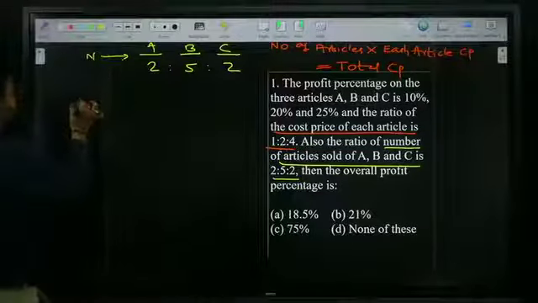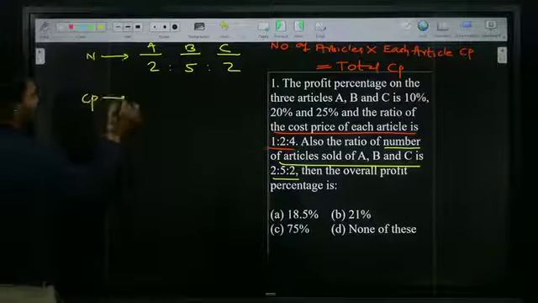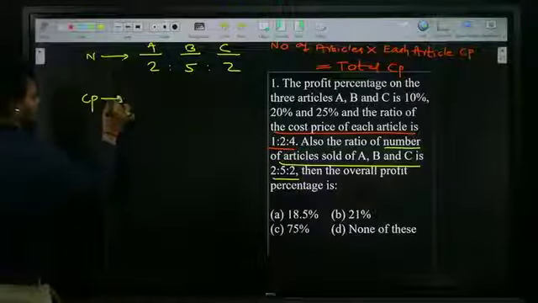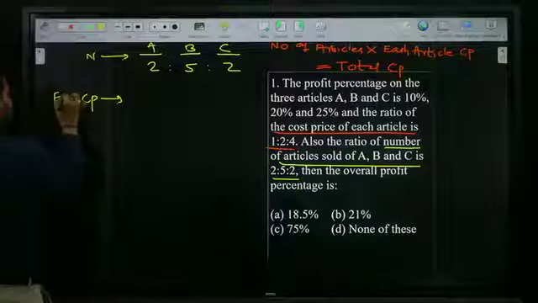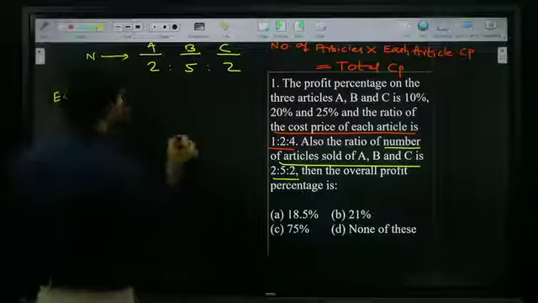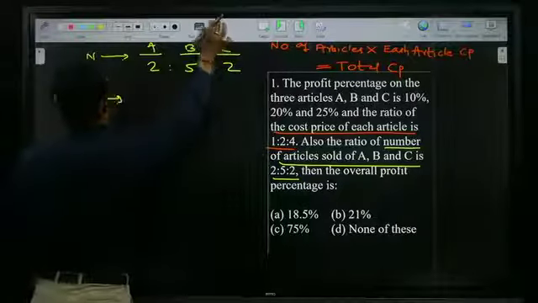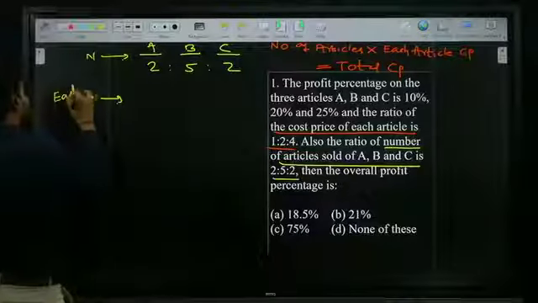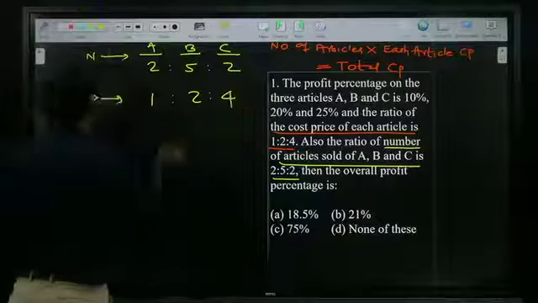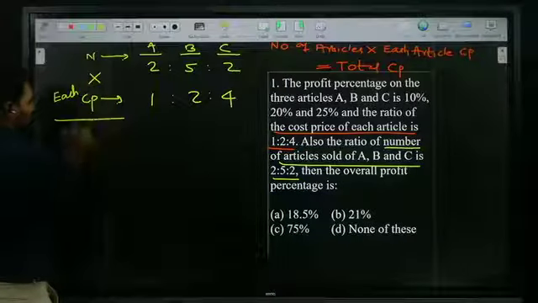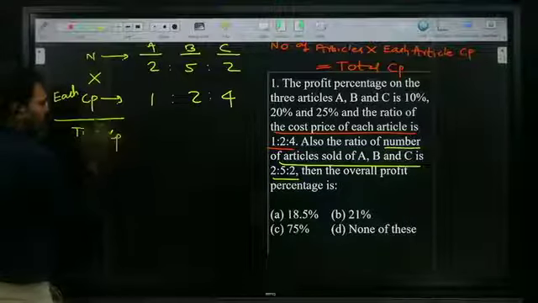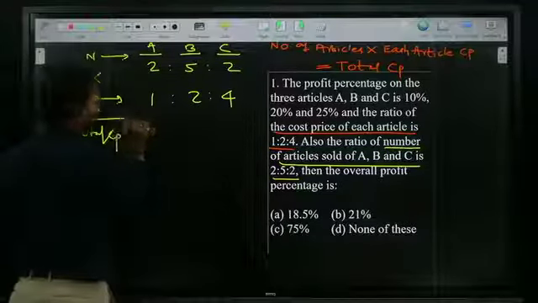The cost price ratio of each article is 1:2:4. If you multiply these two, then you can get the total CP ratio. So what is the total CP ratio?